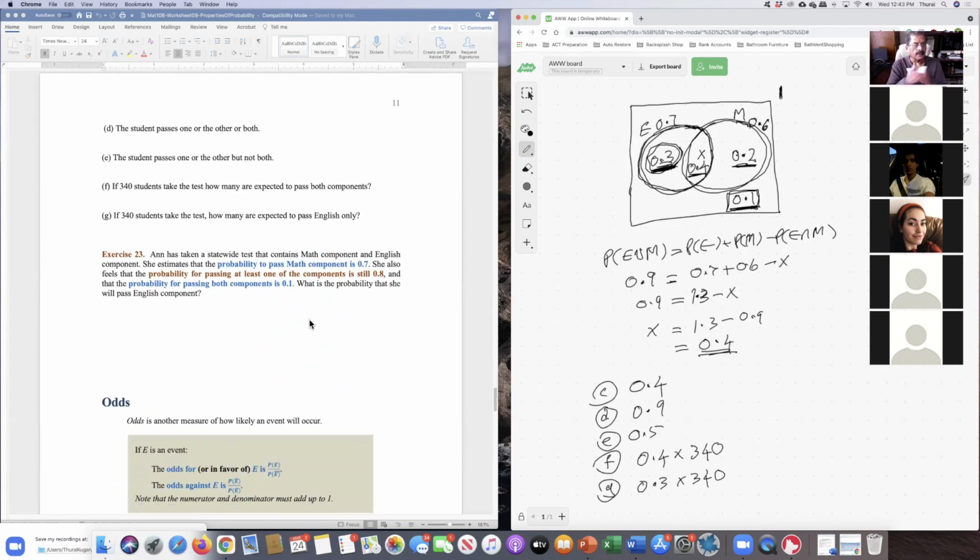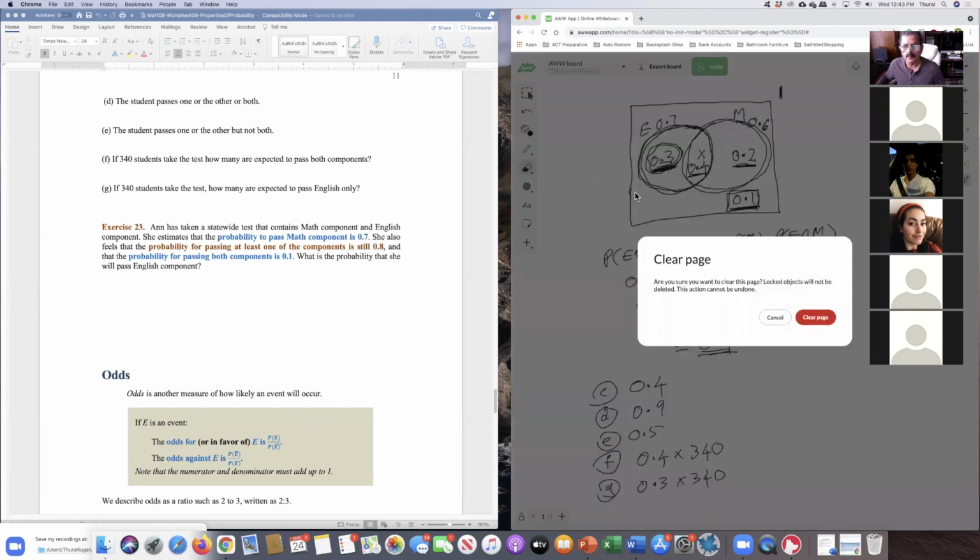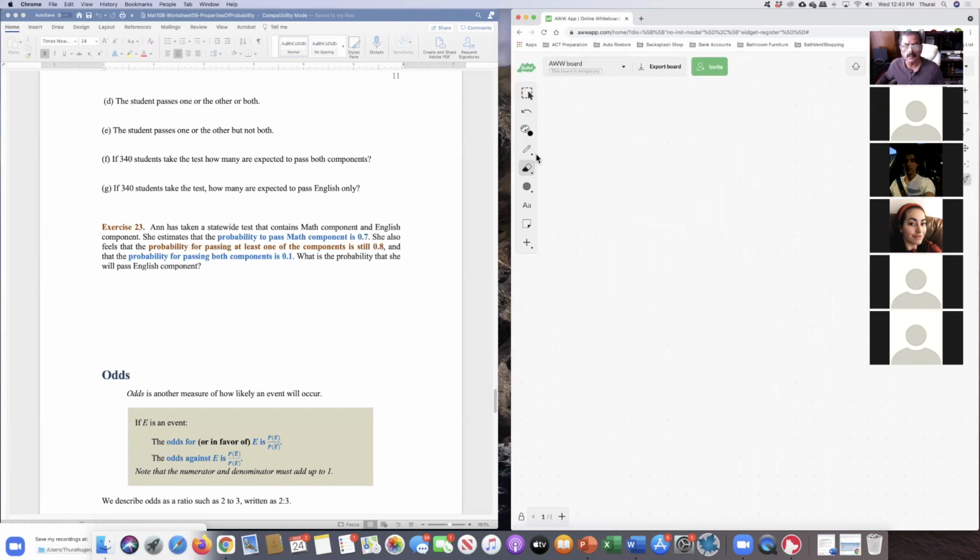Anne has taken a statewide test that contains a math component and an English component. She estimates the probability to pass math is 0.7, passing at least one is 0.8, and passing both is 0.1. Okay, so let's put that on the Venn diagram.